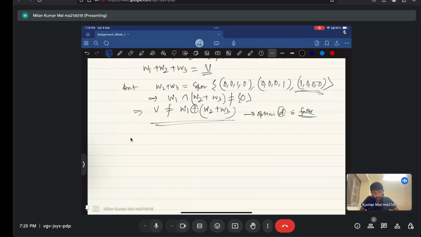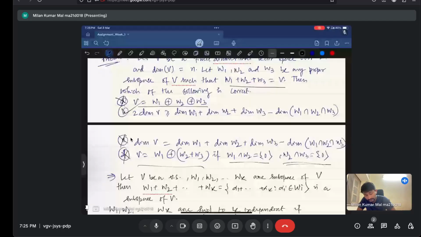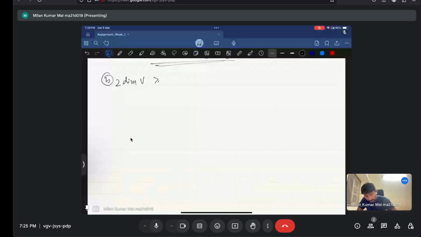But let's try to prove this one. Option B says that the dimension of V is greater than or equal to the dimension of W1 plus the dimension of W2 plus the dimension of W3 minus the dimension of W1 intersection W2 intersection W3. Is this happening or not?